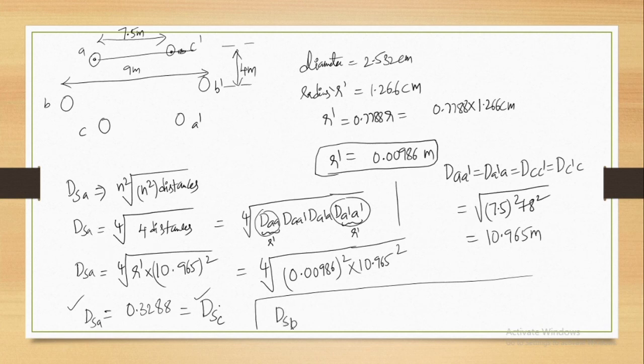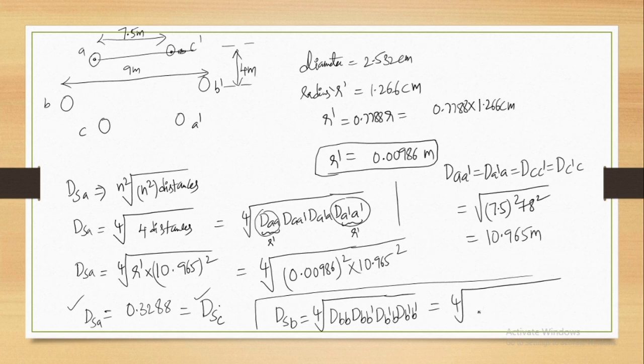What is the second one? DSB, which is again fourth root of 4 distances. What are the 4 distances? DB to B, DB to B dash, DB dash to B, DB dash to B dash, and it is equal to fourth root of. So what is the distance?